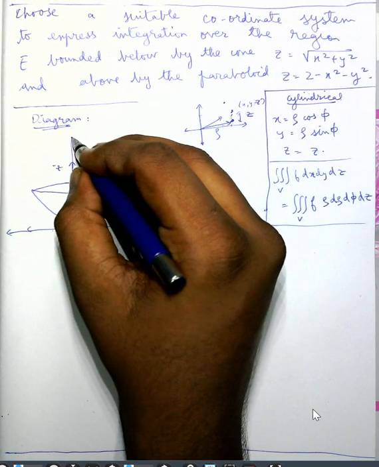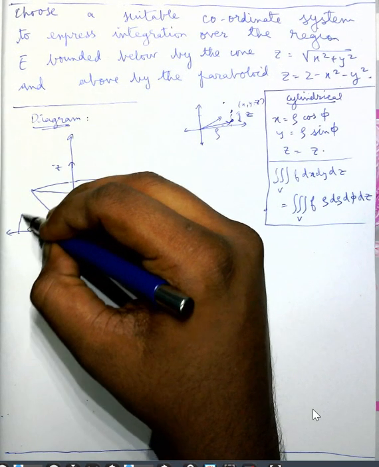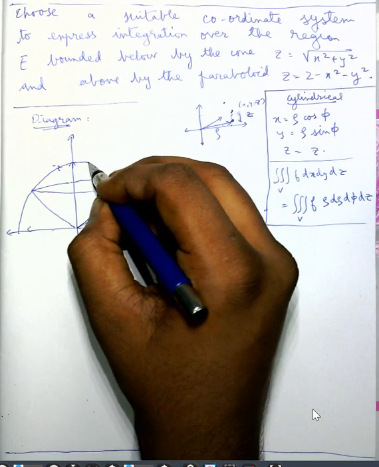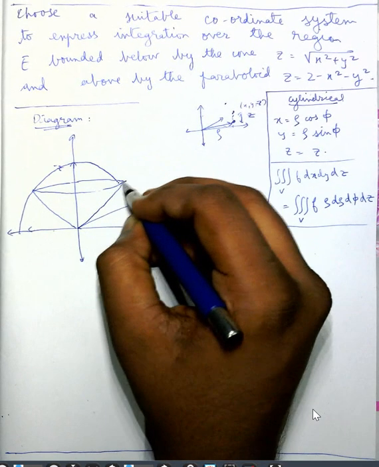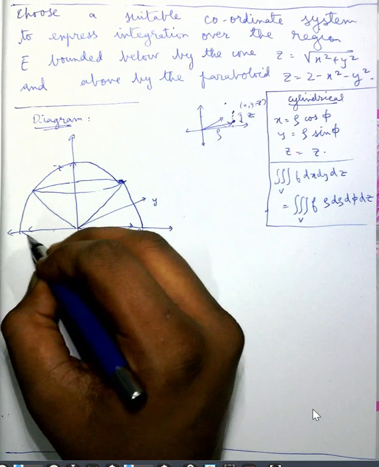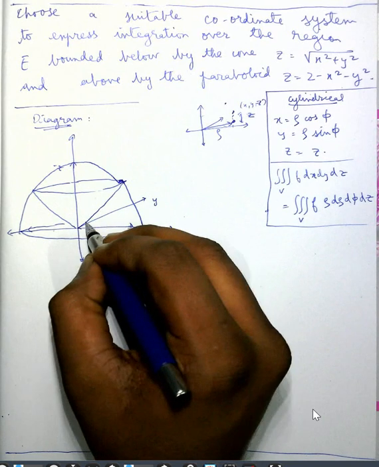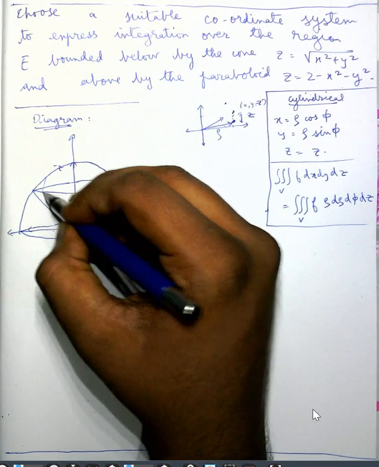So that means this paraboloid looks something like this. And we are concerned about this region.